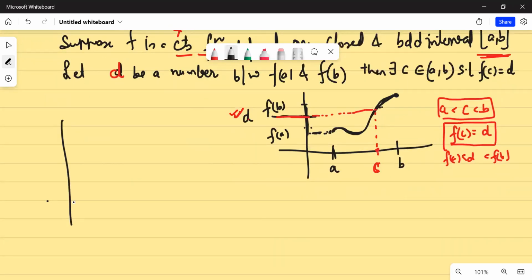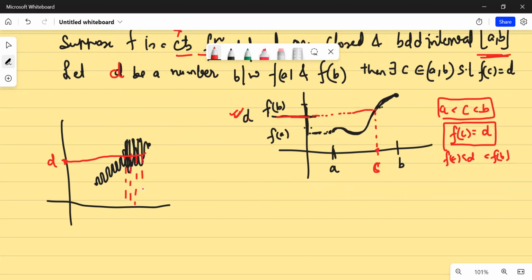And not only this, here in the diagram I have shown you only once. देखो ऐसा भी तो हो सकता है कि a और b के बीच में फंक्शन ऐसे रिपल कर जाए. तो हो सकता है कि let us say if I am talking of an intermediate value, let's say d here, it may be possible that it may be attained for more than one point. Are you getting my point? So let's say here is your a, here is your b, here value is fb, here value is f of a.